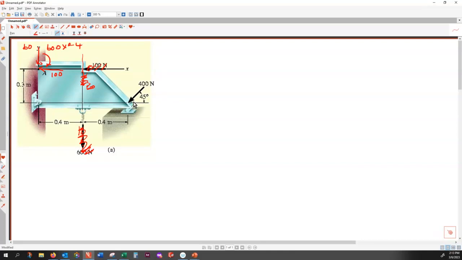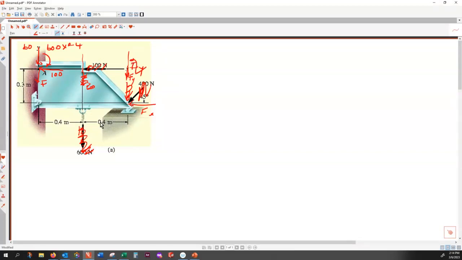The last one, I want to get rid of 400. So let me break that into two components, Fy and Fx. How can I bring Fy to here? First, I bring Fy here, no penalty. And then to bring Fy there, I have to pay a penalty.